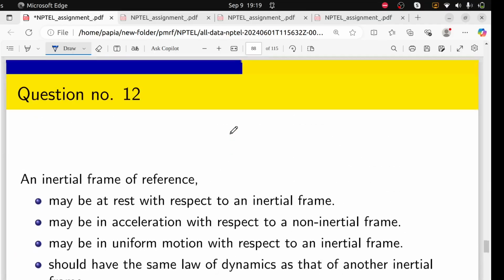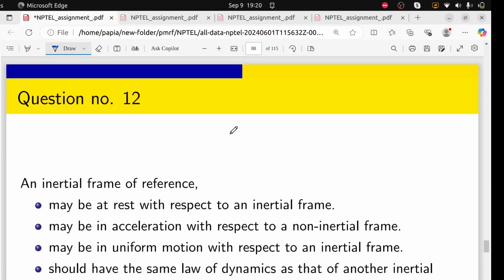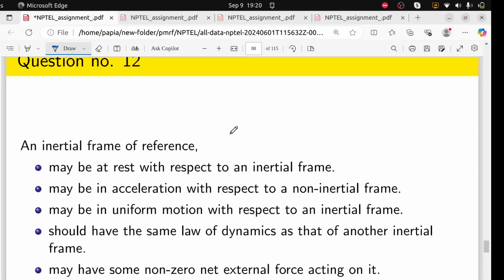Okay. So now this one is again about the inertial frame of reference. An inertial frame of reference may be at rest with respect to an inertial frame.